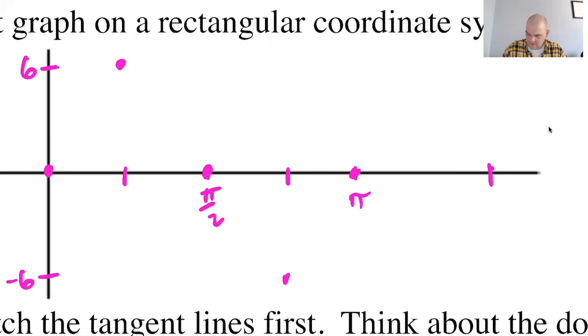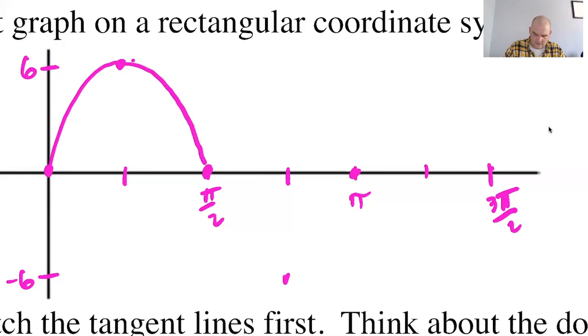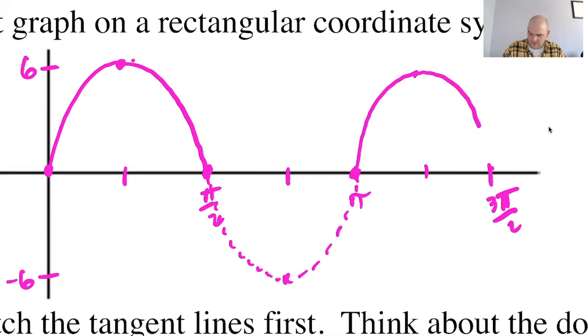I'll go with 3 pi over 2. And then there. Okay, so let me sketch this, and then it's going to disappear because it'll be negative, and then it's going to come back into existence. I should have put a point to aim for, like that.